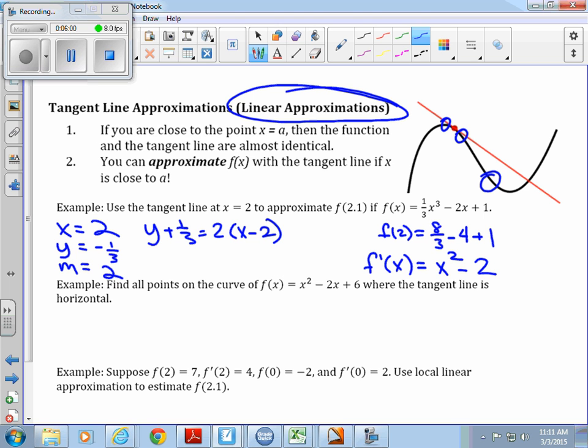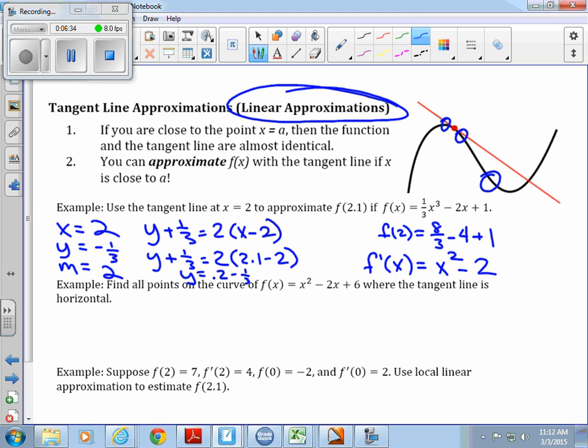I'm going to plug 2.1 into the tangent line and find y. 0.1 times 2 is 0.2 minus 1/3. 1/5 minus 1/3 is negative 2/15.